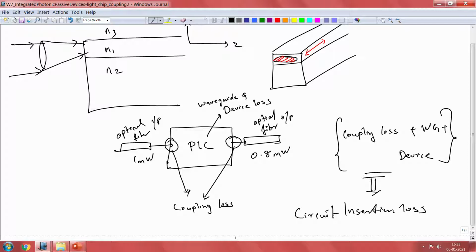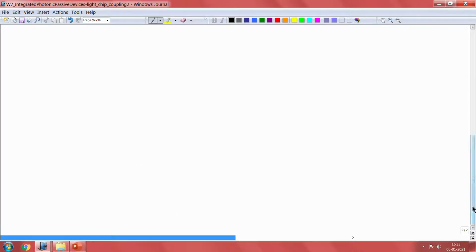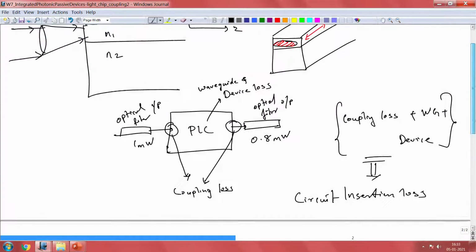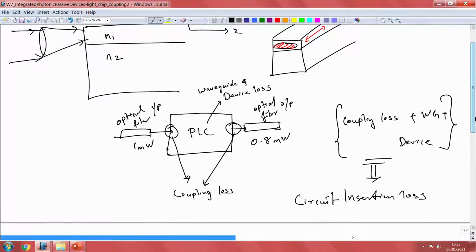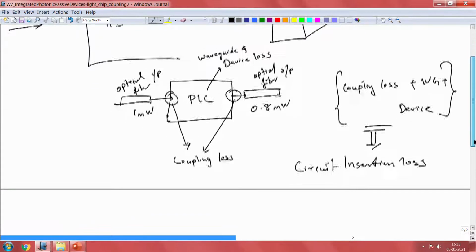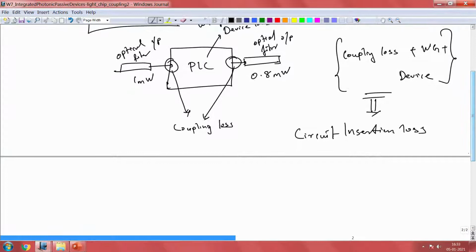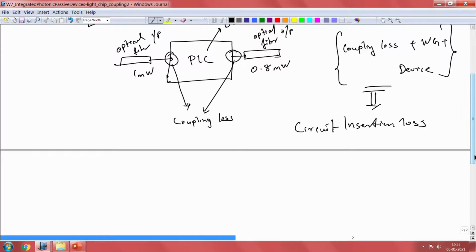So, when you take a system where your waveguide loss and device loss is very low, then your coupling loss is going to dominate. So, your coupling loss is very important. That is why we try to make the coupling loss as small as possible, so that we can get maximum light inside. So, the coupling efficiency is very important.